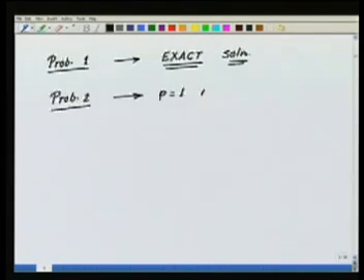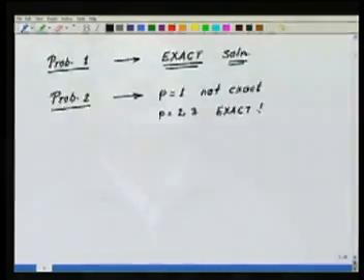Now if I take problem 2, for p equal to 1 it is not exact, but for p equal to 2 and 3 it has to be exact.